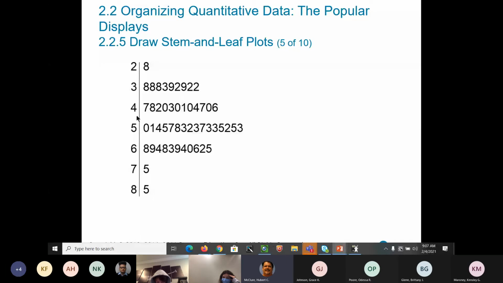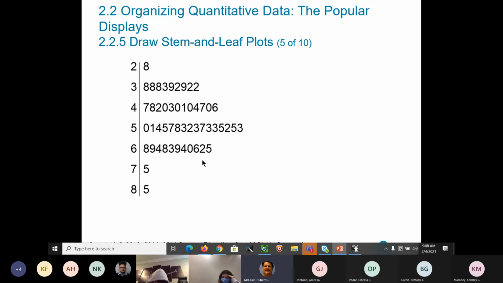That's how you read a stem and leaf. 47, 48, 42, 40, 43, 40, 41, 40, 44, 47, 40, and 46. So I'm telling you what my data values are by looking at this stem.